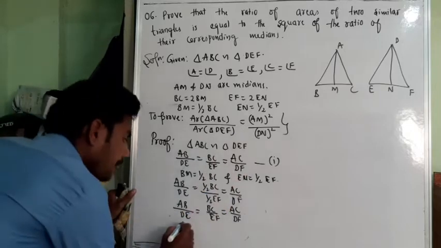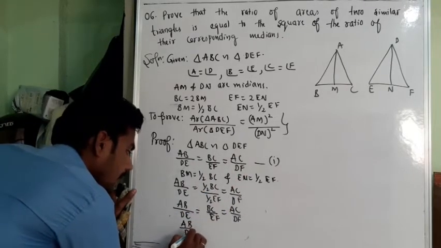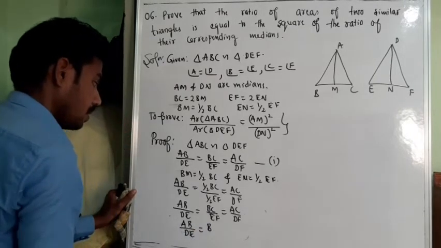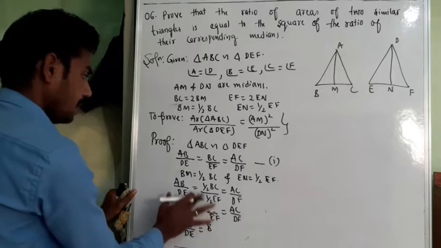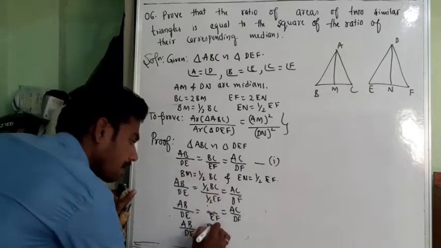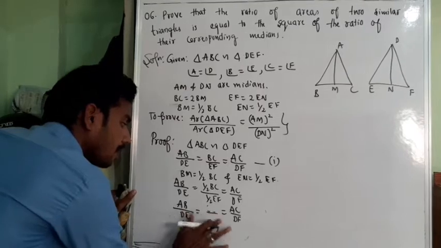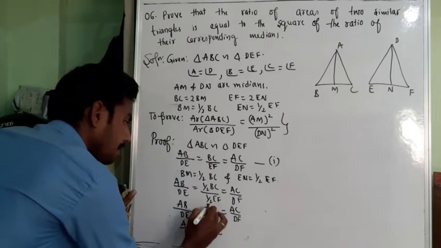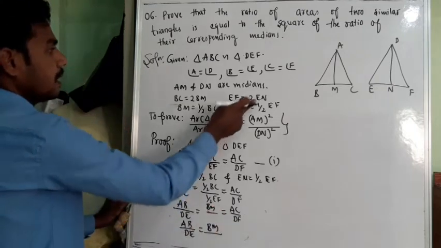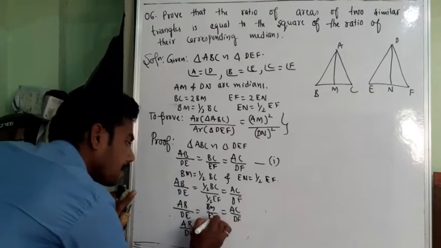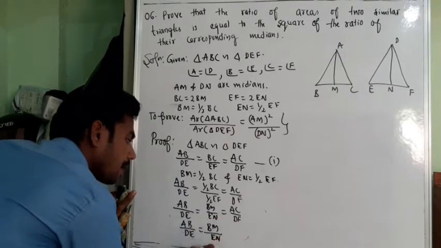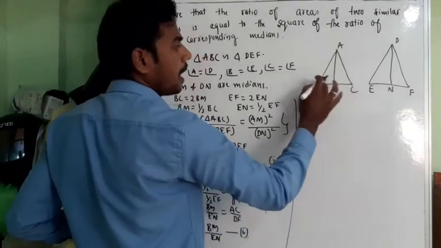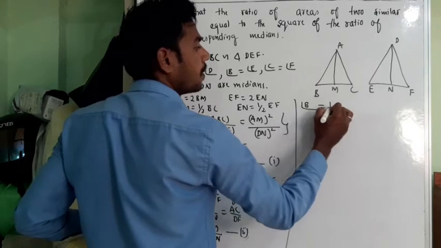AB by DE is equal to, this is not BC, half of BC is nothing but BM, divided by half of EF, and half of EF is nothing but EN. BM by EN. So I will call it as equation number 2. And you know that angle B is equal to angle E. It is given.